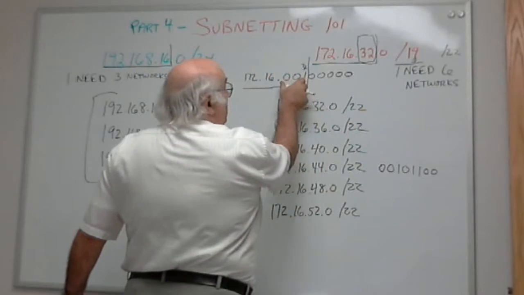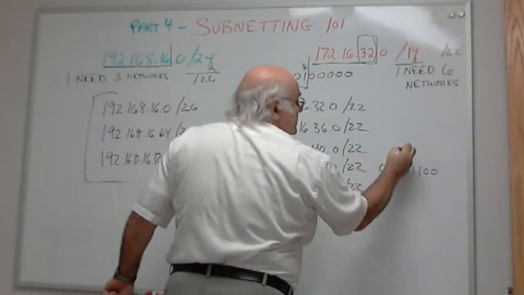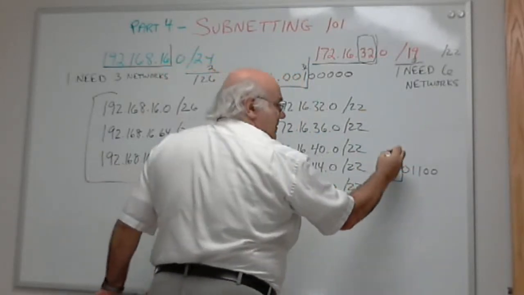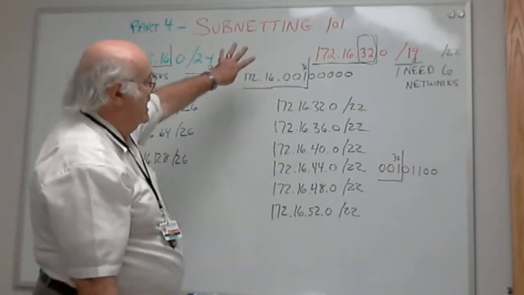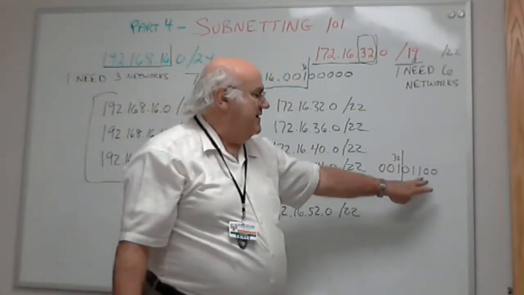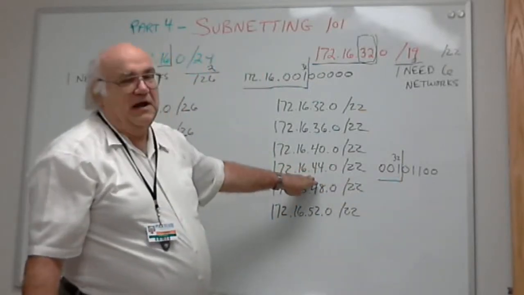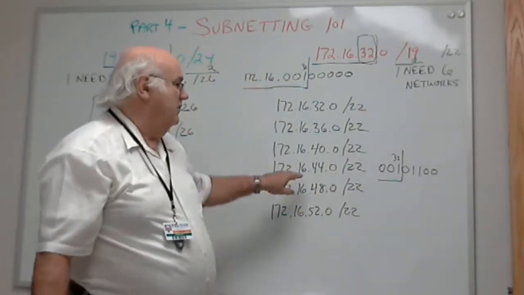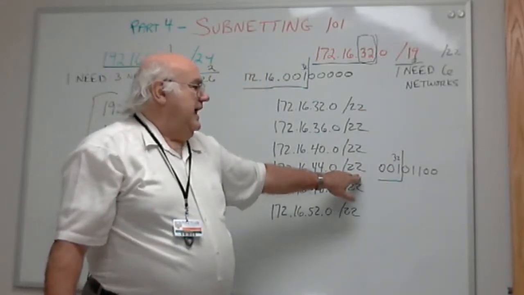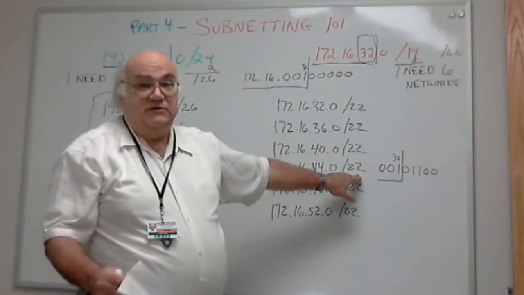I'm taking 3 bits that I can't change. There's my 32. So I have not changed the ISP's 32, but I've added some numbers, and said, by the way, my network address is now 32 plus this 12, 44, and I'm using a prefix of 22.